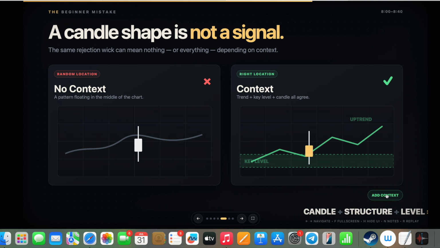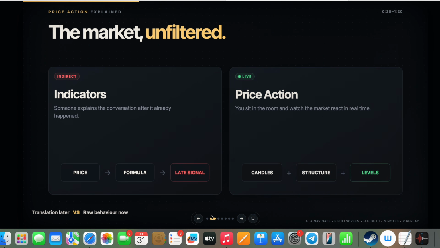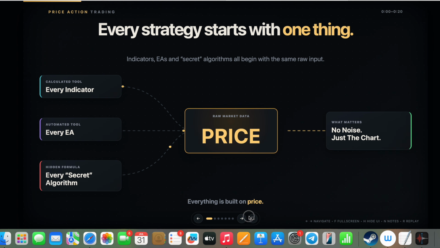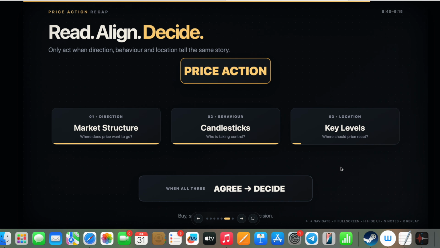Price action is not about memorizing shapes, it's about reading structure, levels, and candles together every single time. So let's bring it back to the framework. Price action trading means reading the market directly through market structure, candlestick behavior, and key levels, and only pulling the trigger when all three line up. That's it. That's the entire foundation.